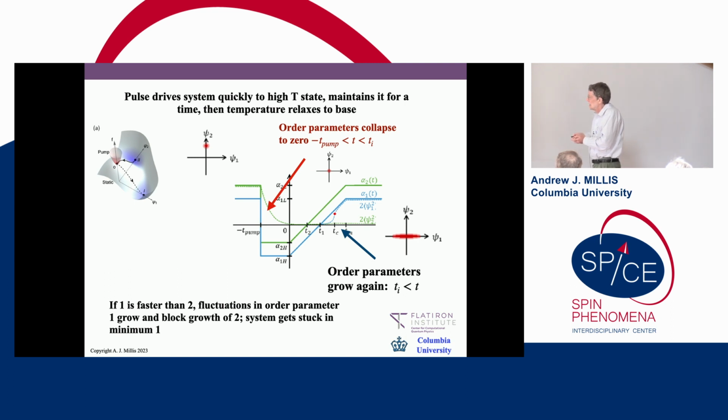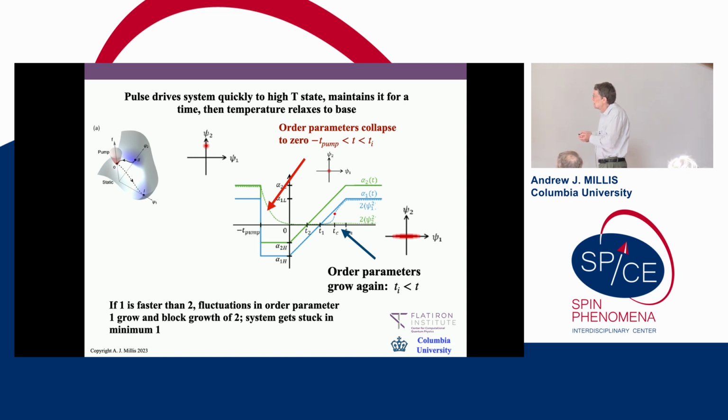One, as you slam the thing into the high temperature state, the order parameters collapse to 0. That's what you see here. Then you turn this off, and they start to grow again. It's a little subtle because the equilibrium favored state, of course, starts out closer to 0. So when the temperature rises, it crosses 0 sooner so that the order parameter favored in equilibrium starts to grow sooner. But if its dynamics is slower, the unfavored order parameter, which starts later, grows more rapidly.